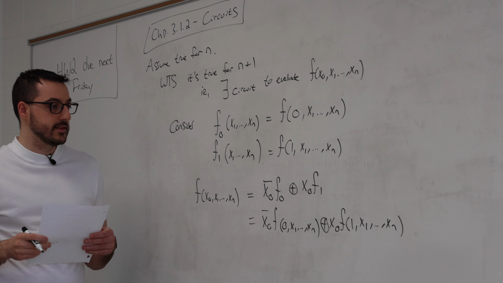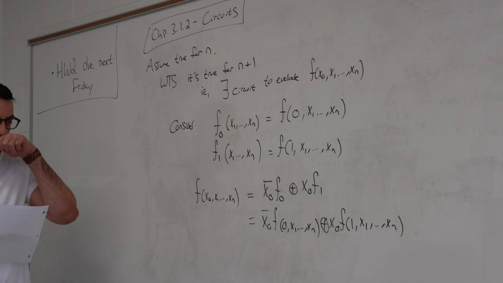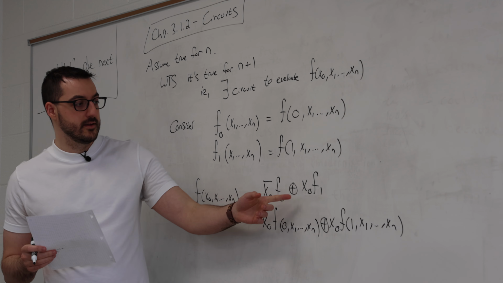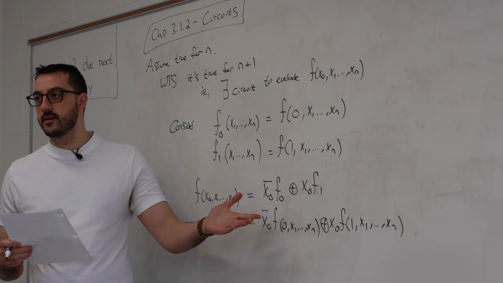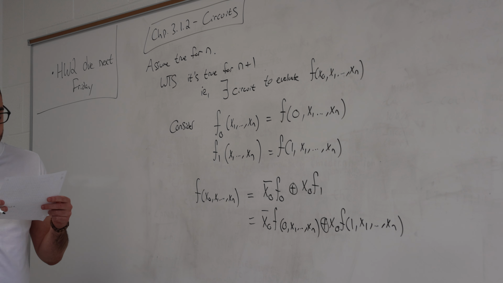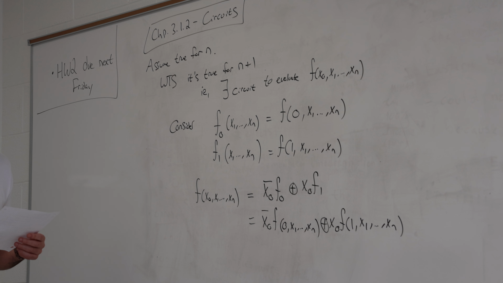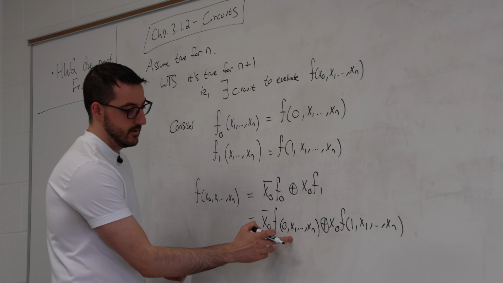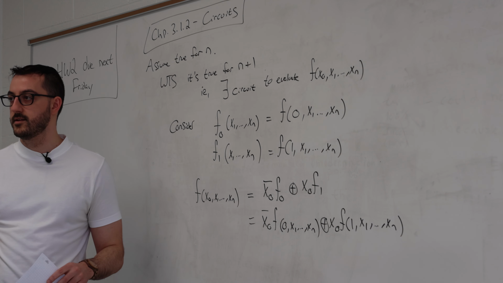Now let's look at this and see what's going on here. There are two cases to consider, x0 being 0 and x0 being 1. So let's suppose that x0 was 0. In this case, I would want to evaluate f of 0, x1 through xn. Do you agree?